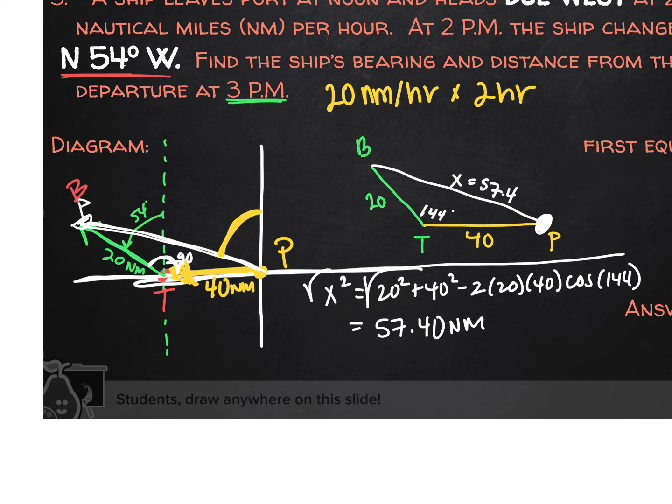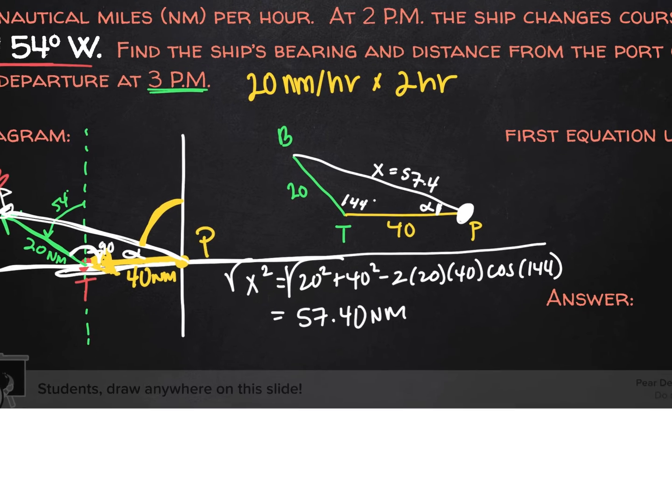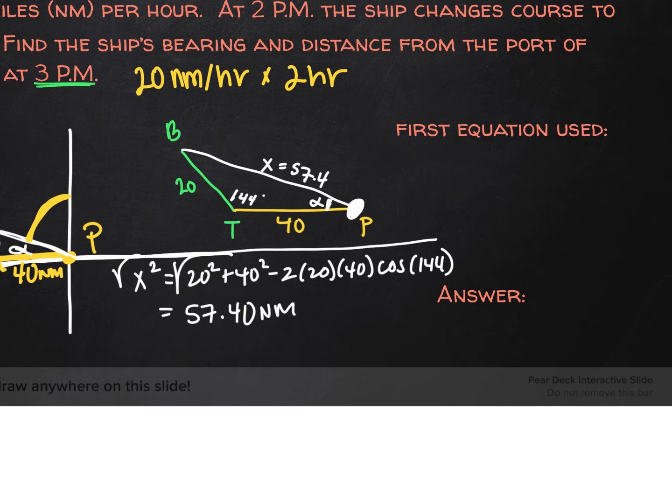This is where my bearing is going to take place. I'm going to have to find the angle inside the triangle, so I'm going to find angle P, and bring it back over to my original diagram to solve it. This is the angle I'm going to solve for, using law of sines. Sine of 144 over that side we just found is equal to, across from 20, sine of P over 20.